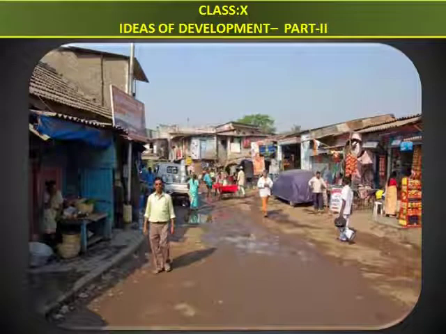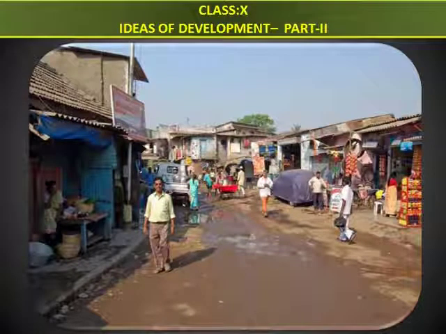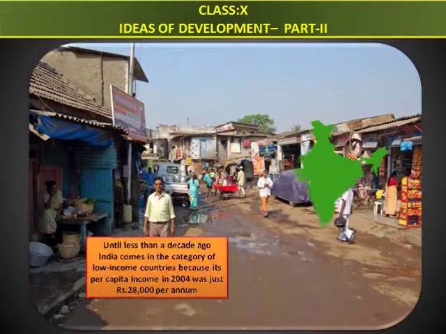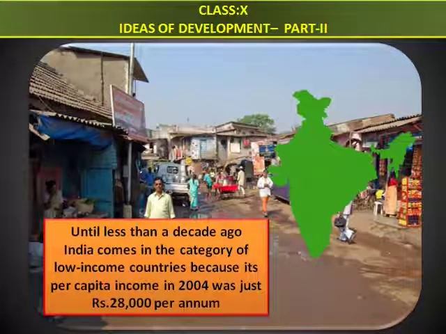Until less than a decade ago, India came in the category of low income countries because its per capita income in 2004 was just 28,000 per annum.